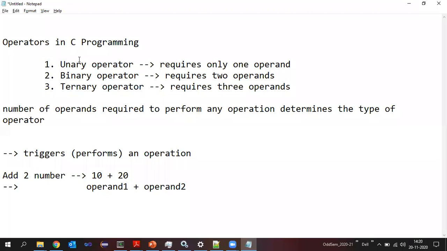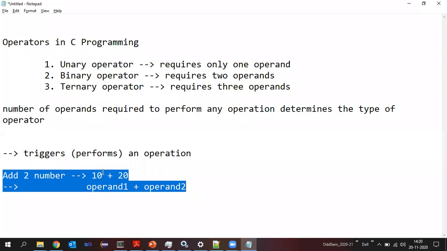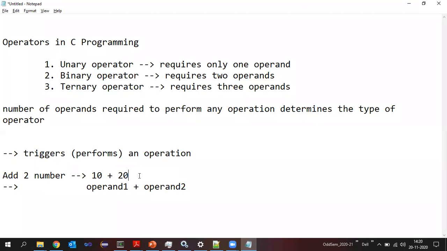Okay, but internally again, unary has different types of operators, binary has different types of operators, and ternary has its own type of operator. Now, can you tell me, in this example of adding the two numbers, what is the operator I am using here? I am using the operator called addition. Addition is an operator here. Okay, now tell me what type of classification it belongs to.